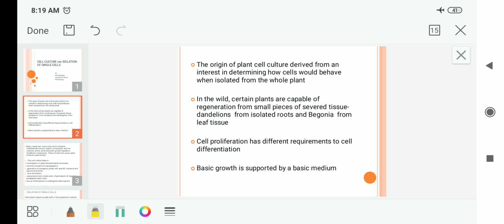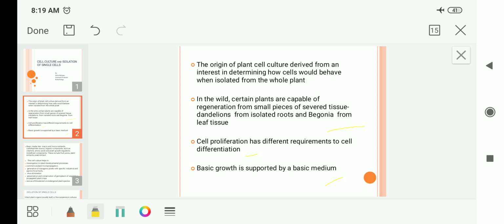Even in begonia, a complete plantlet can be obtained from the leaf tissue. The requirements for cell division and for differentiation differ, but the basic medium required for basic growth is the same.